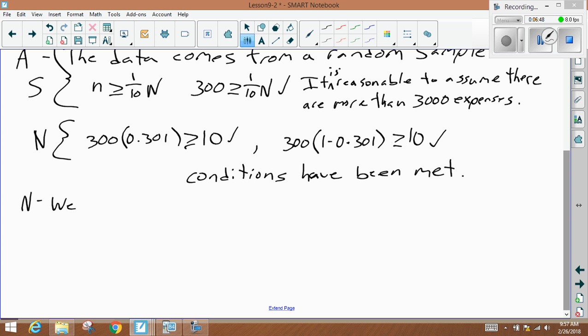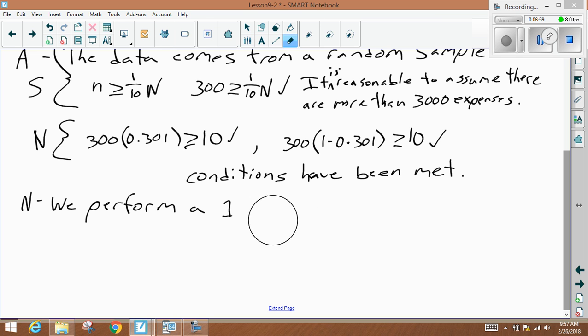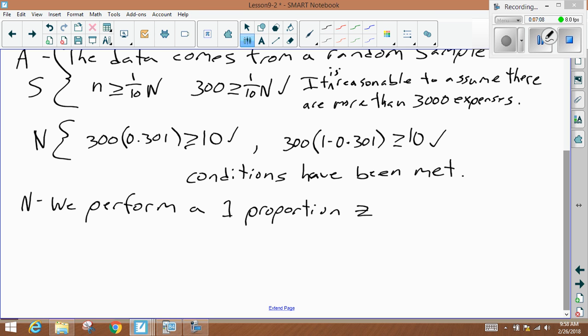So we will perform a 1 sample, 1 proportion z-test. My bad. I was thinking about other stuff. But we just have 1 proportion. That's not referring to whether it's a 2-tailed or a single-tailed.